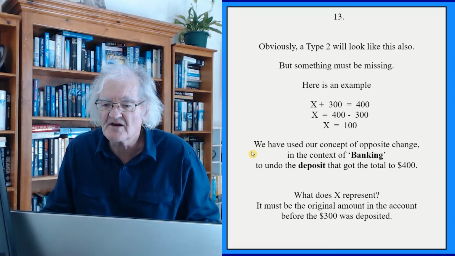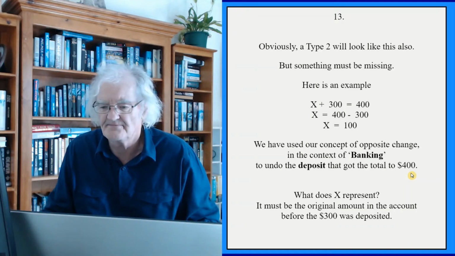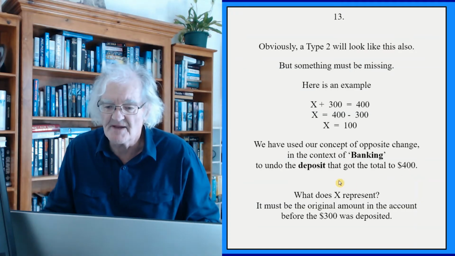We have used our concept of opposite change in the context of banking to undo the deposit that got the total to 400. Now remember, what does X represent?